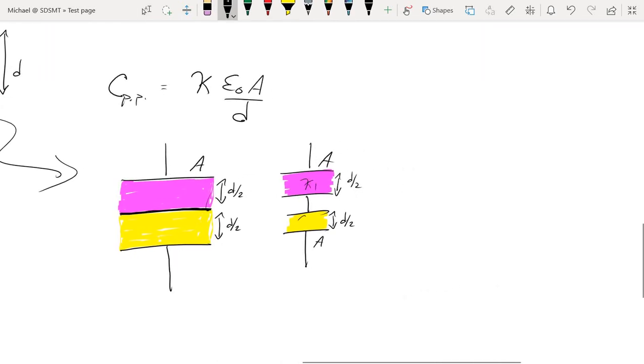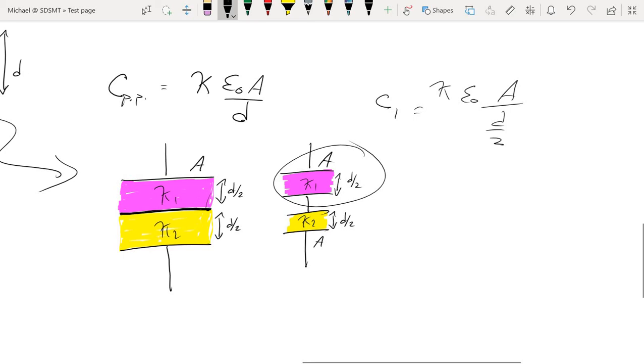So for the kappa 1, kappa 2 materials, for the kappa 1 portion, I have dimensions of A for area, d over 2 for separation distance. We have epsilon naught, which will be paired with our kappa 1.